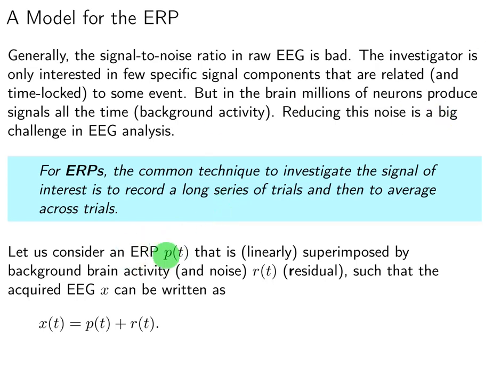Let's call the ERP P of t, the potential at time t, that is superimposed linearly by background brain activity, which we call R, as in residual or noise. Then we can represent the acquired EEG as X of t, consisting of the event-related potential plus some noise. This is a model that we typically use in representing EEG data.